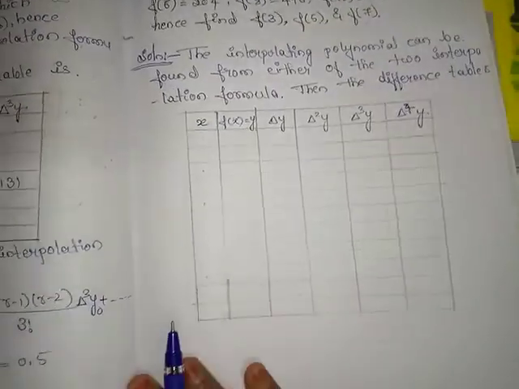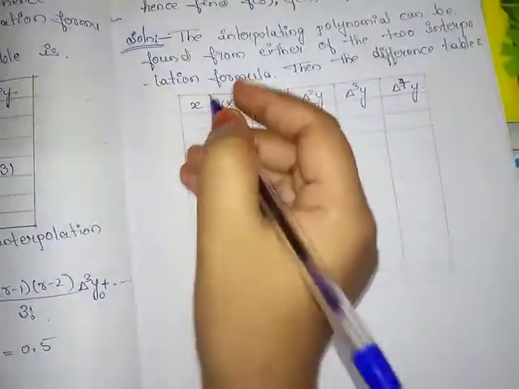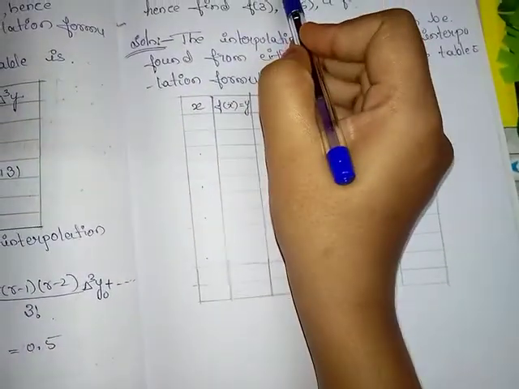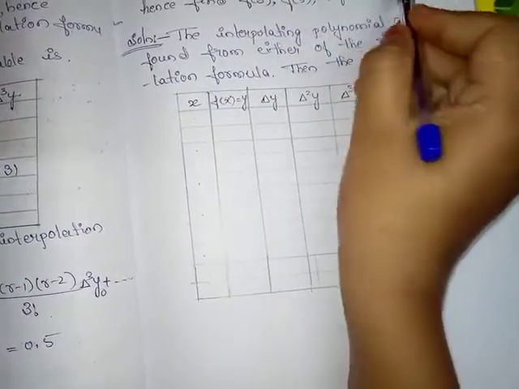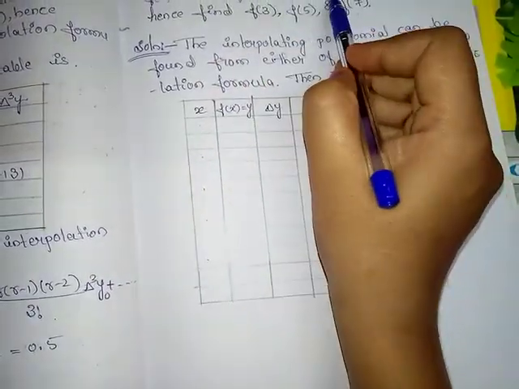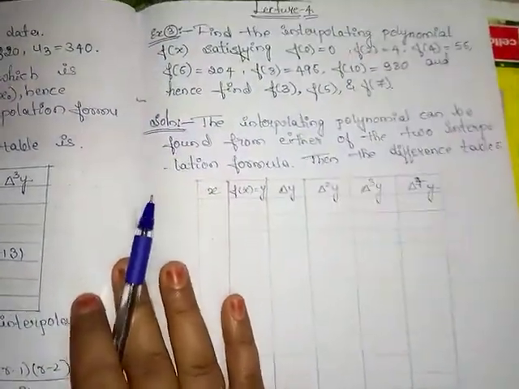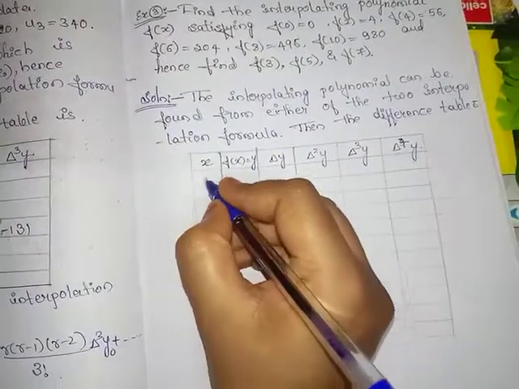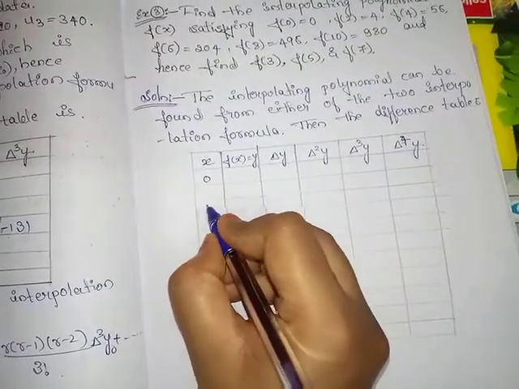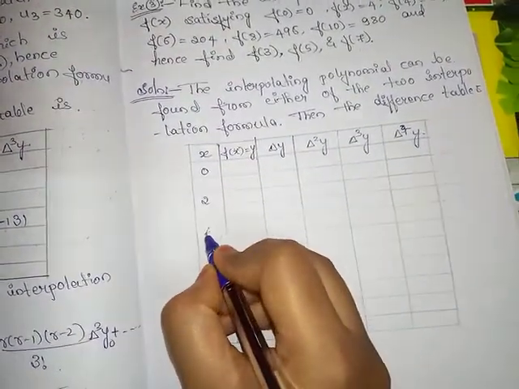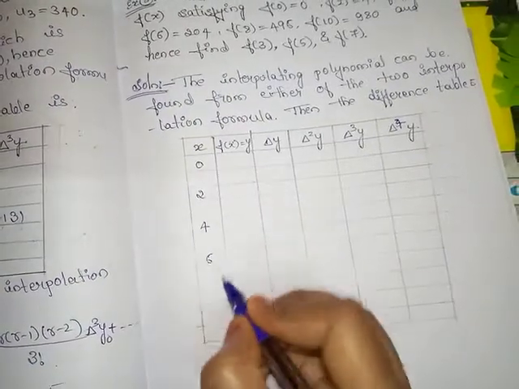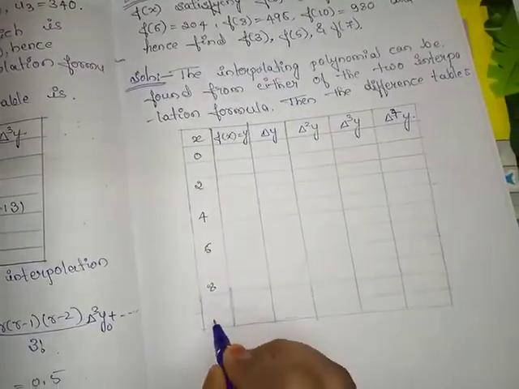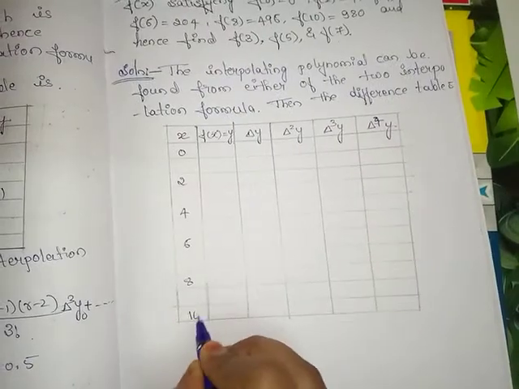Now we will write the x values. Values of x are x naught, x1, x2, x3, x4 and x5. x naught is 0, x1 is 2, x2 is 4, x3 is 6, x4 is 8, and x5 is 10.